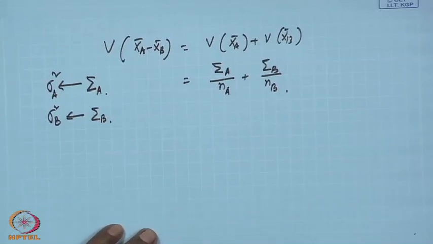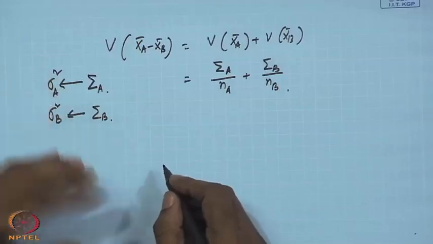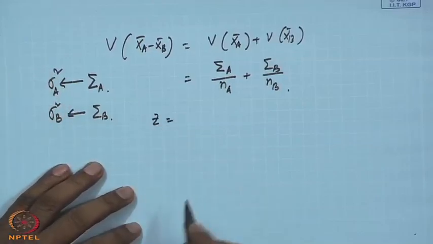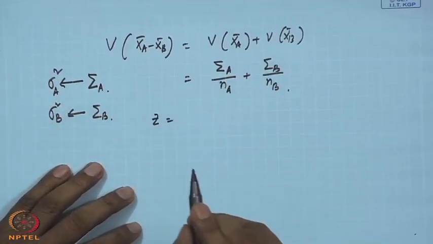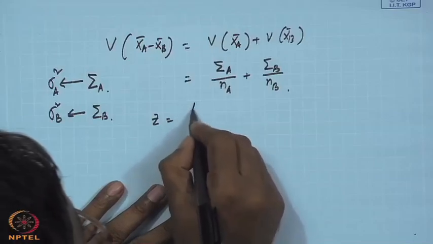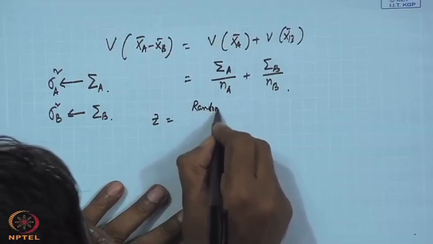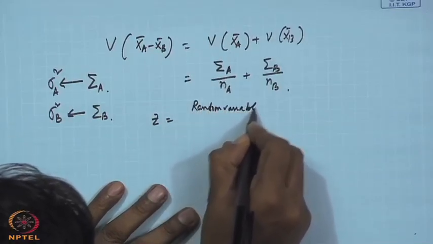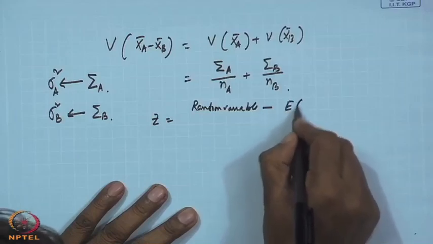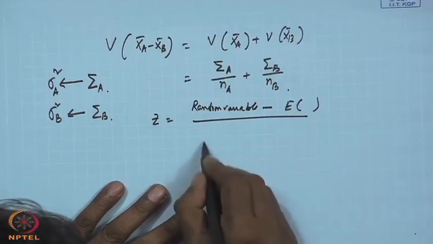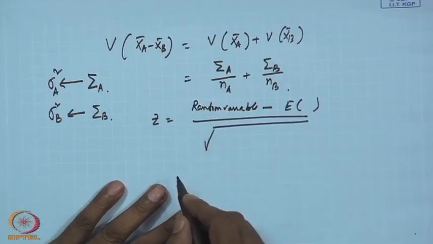Okay. Now, think about what will happen. I want to create Z. What is the approach? The Z approach is you first write down the random variable minus its expected value, divided by the square root of its variance.